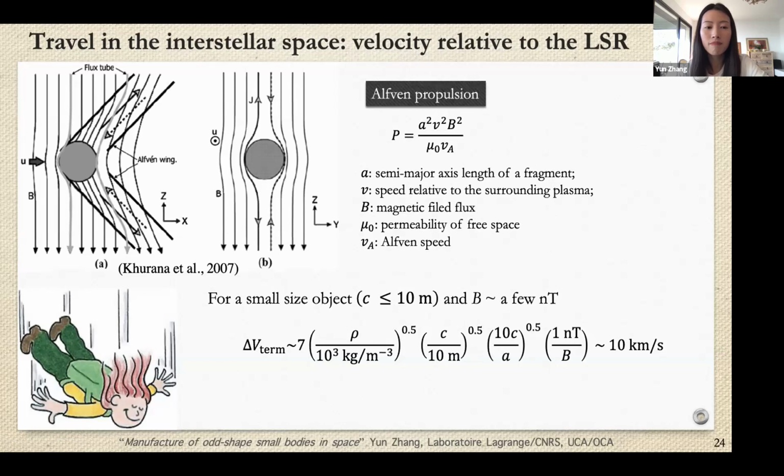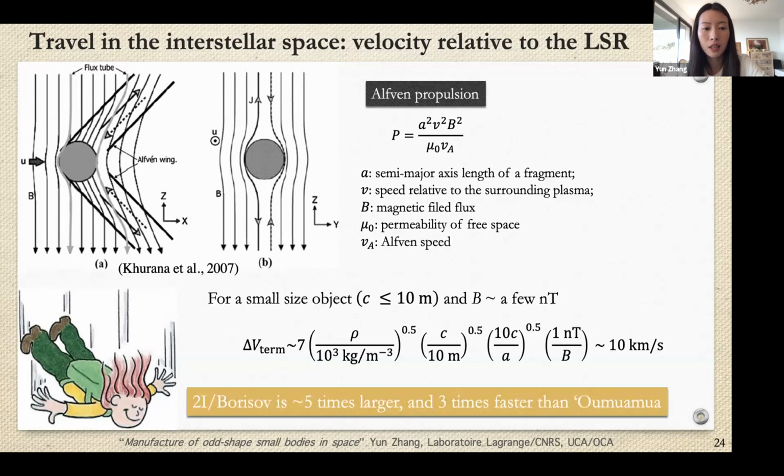So Oumuamua does not necessarily come from a young stellar system. But this magnetic effect is less effective and has longer time scales for larger interstellar objects. Like the second interstellar object, Borisov, which has a larger speed relative to the local standard of rest.